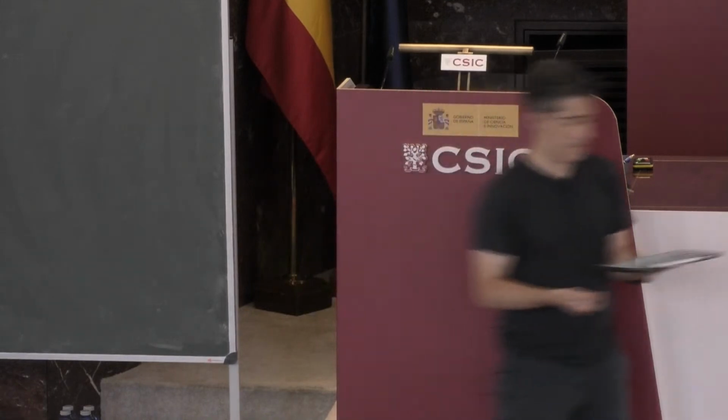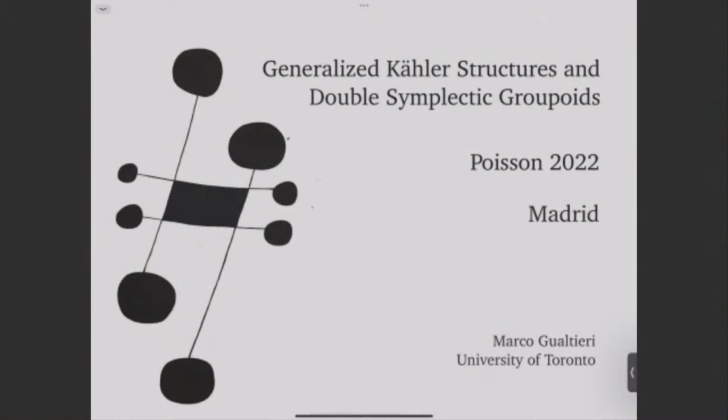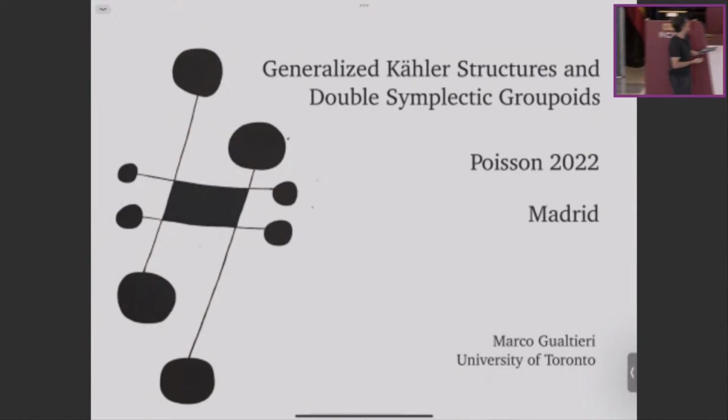So I'm going to give an update and kind of hopeful conclusion to a project that has taken many years to develop. It kind of began with work that I did in my thesis under Nigel Hitchin. And after finishing my thesis, I went immediately to visit Alan Weinstein, who started to try to explain to me the importance of symplectic groupoids.